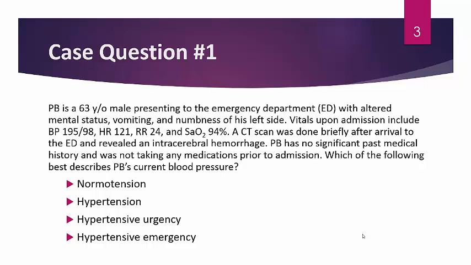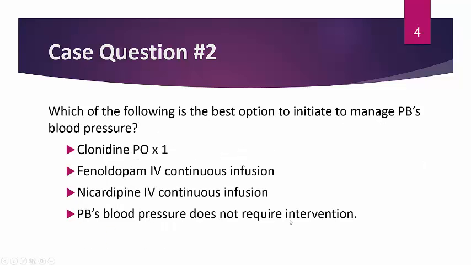Which of the following best describes PB's current blood pressure? Is it normal tension, hypertension, hypertensive urgency, or hypertensive emergency? The next question, which of the following is the best option to initiate to manage PB's blood pressure? Is it Clonidine PO times 1, Fenoldopam IV continuous infusion, Nicardipine IV continuous infusion, or is PB's blood pressure not requiring intervention?